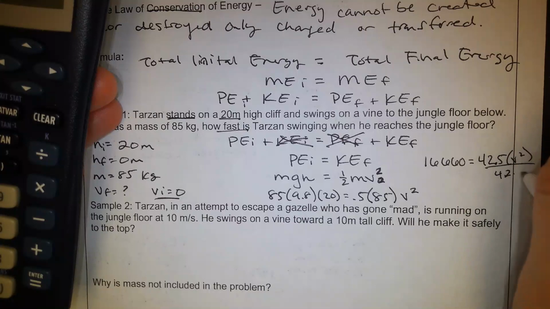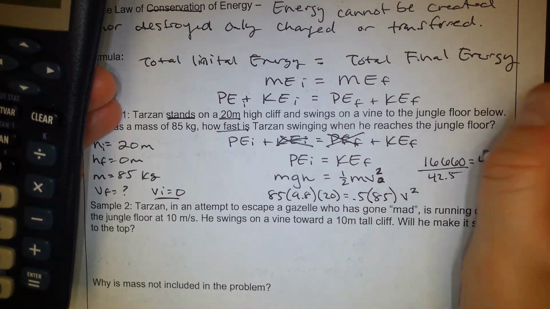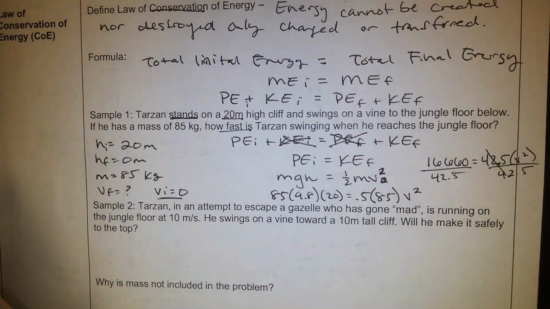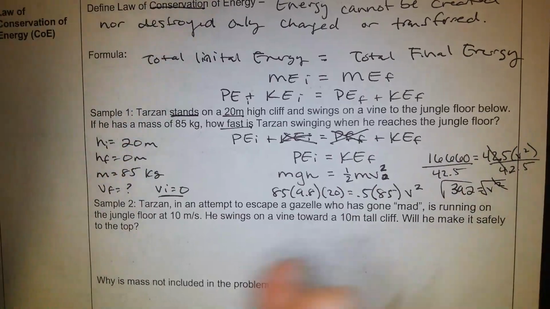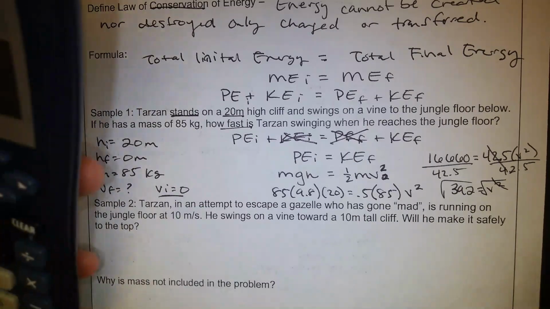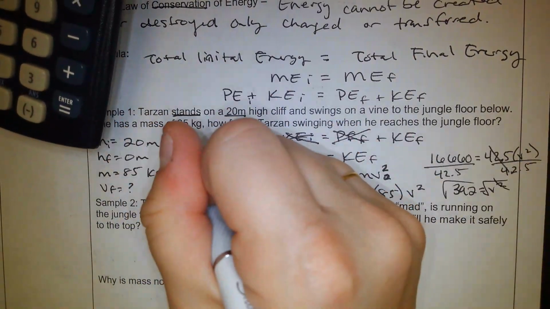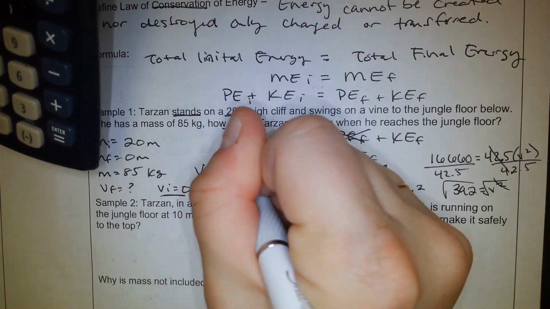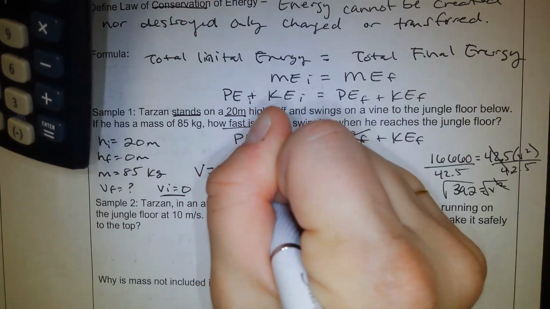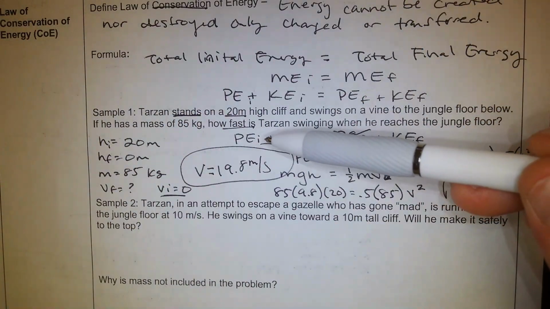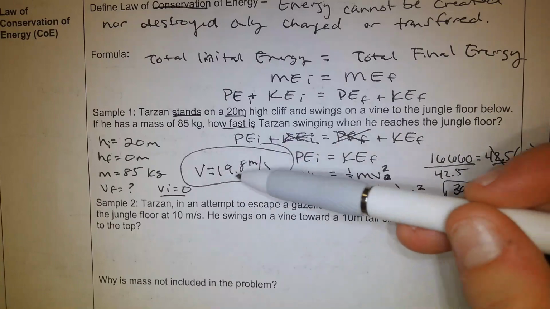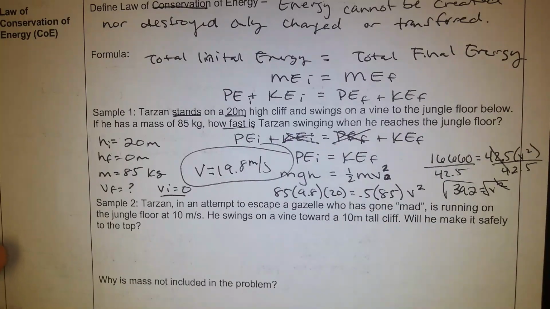I'm going to divide by 42.5. 16,660 divided by 42.5, I get 392 equals v squared. Take the square root. And I get a final velocity for Tarzan of 19.8 meters per second. So if he converted all that gravitational potential energy to kinetic energy, he'll be traveling 19.8 meters per second when he hits the jungle floor.